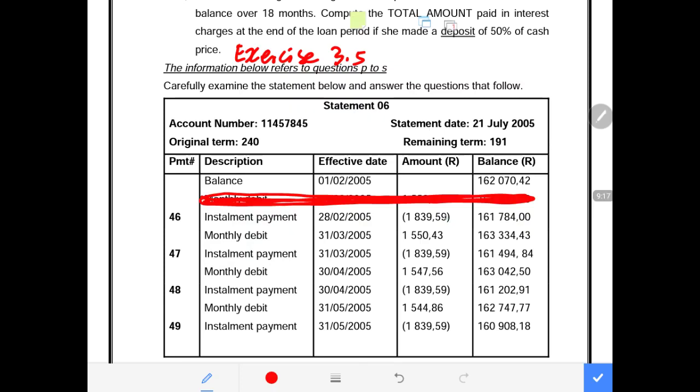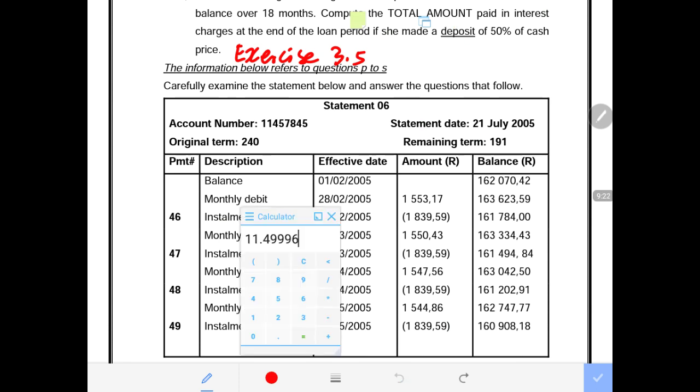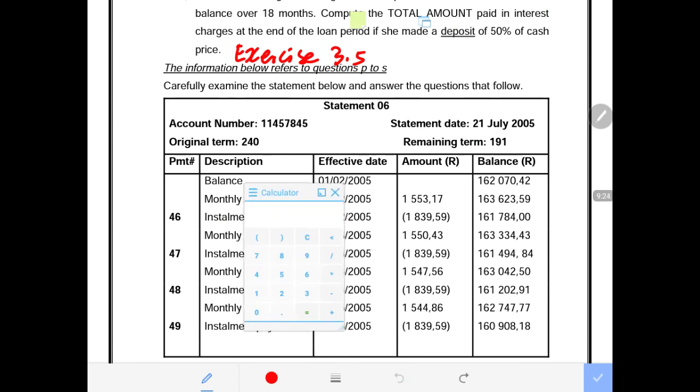Now your loan will only decrease by the difference, meaning we have 1,839.59 minus the interest of 1,553.17. If you do that, this is the amount by which your loan will decrease.